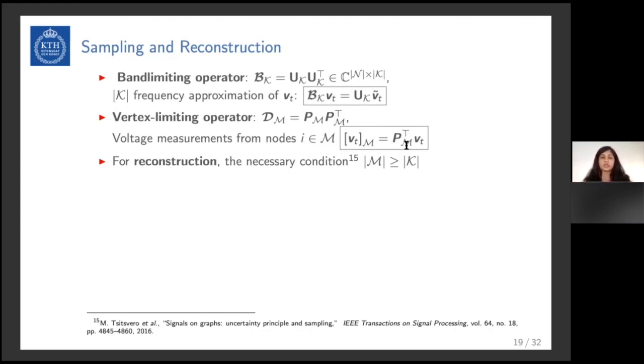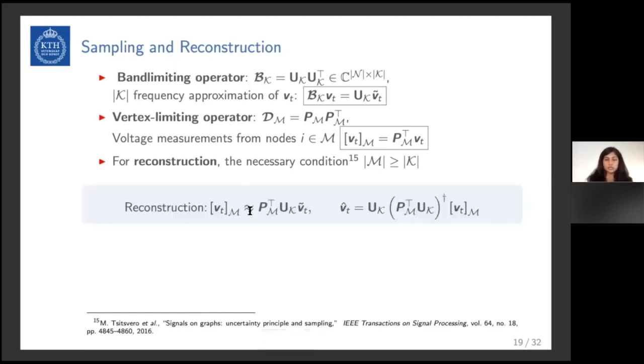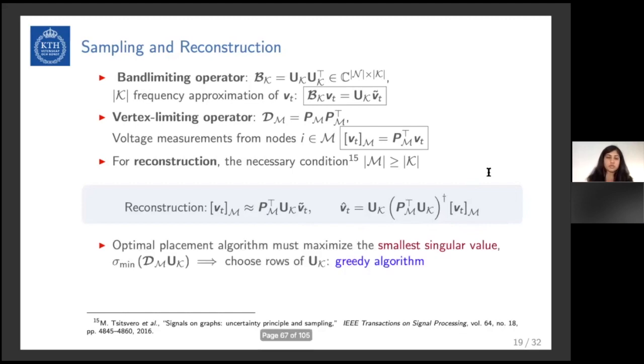Theory says that you need at least as many measurements as the k frequencies that are important in the graph signal. And the reconstruction then is very straightforward. It's done in a linear manner.